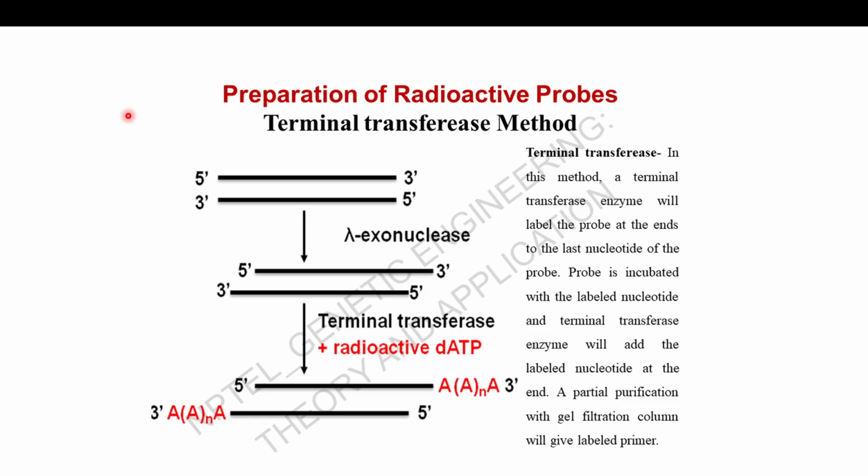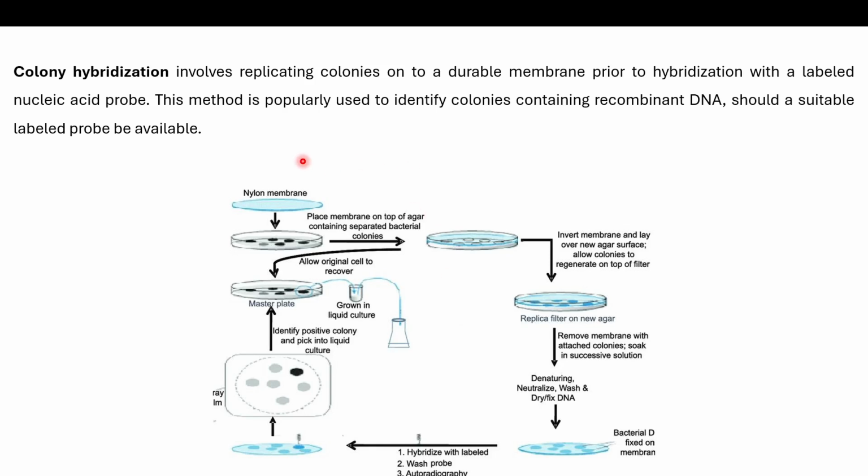So earlier we saw how probes are synthesized. Now these probes are used on the colonies. The cells that have taken up your recombinant DNA are selected for, and these are grown on Petri plates on a suitable nutrient medium.